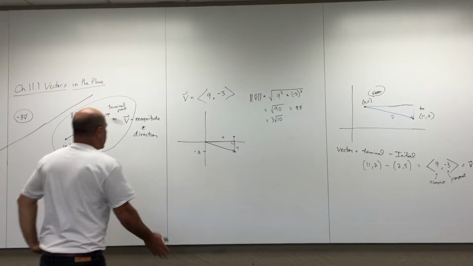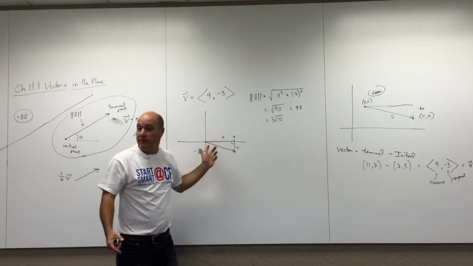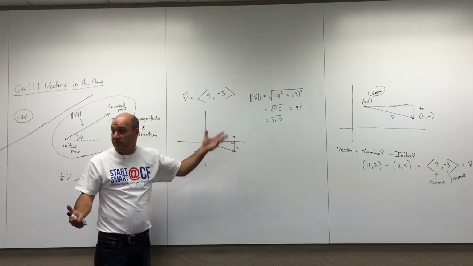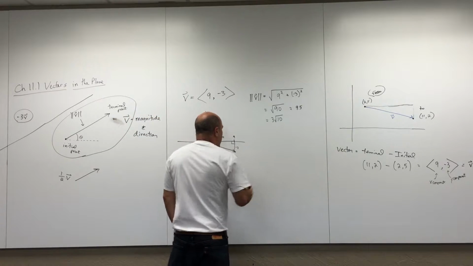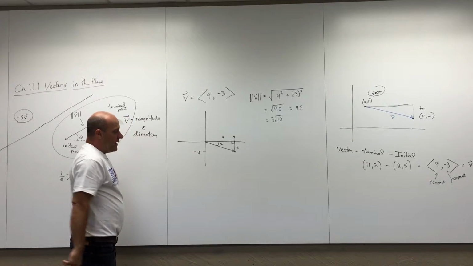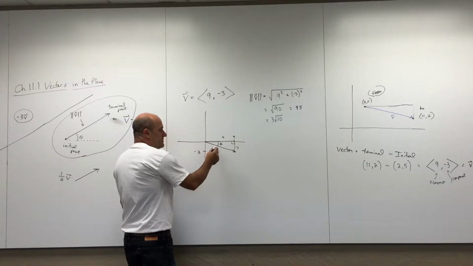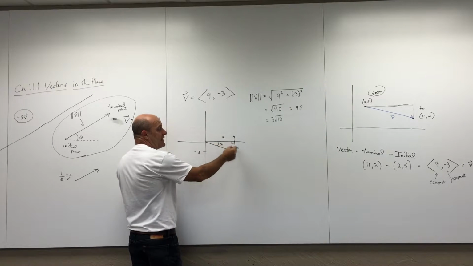Okay, so what did I just do? I found his magnitude, using the Pythagorean theorem, really, right? Right triangle trig, Pythagorean theorem. What if I want his angle, which is this direction angle here? Pretend you didn't do the hypotenuse yet. You just got the 9 and the negative 3.